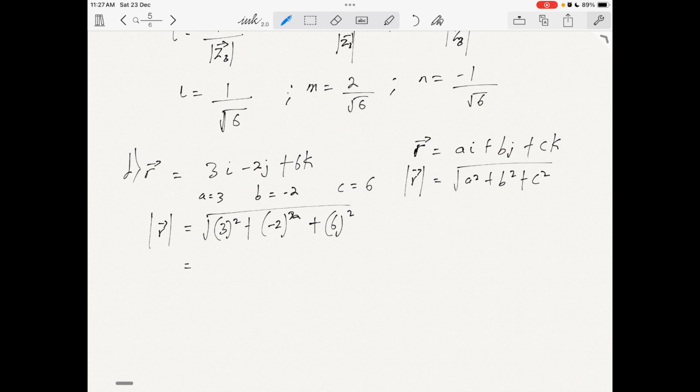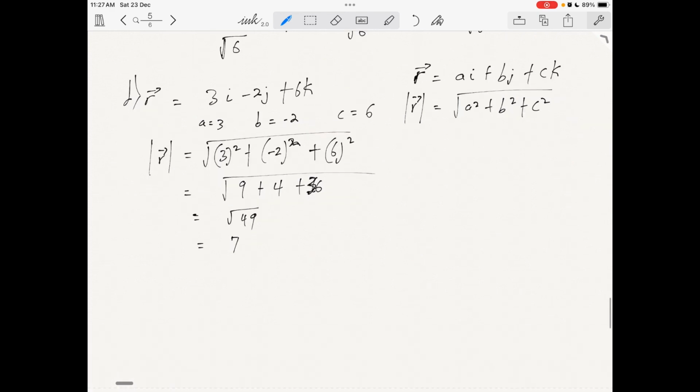So we have 9 plus 4 plus 36, because 6 squared is 36. This will give us root 49, and root 49 is 7. Now we are requested to find the directional cosines of the vector.